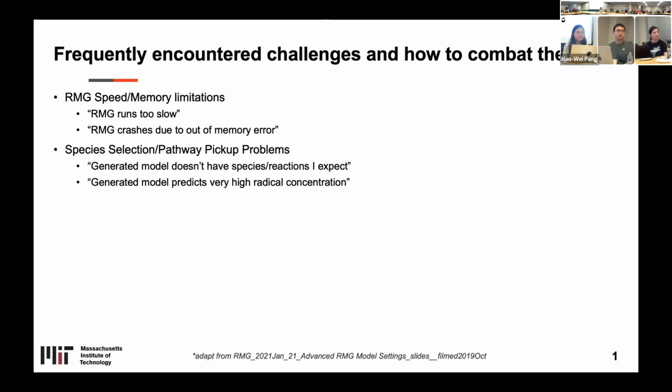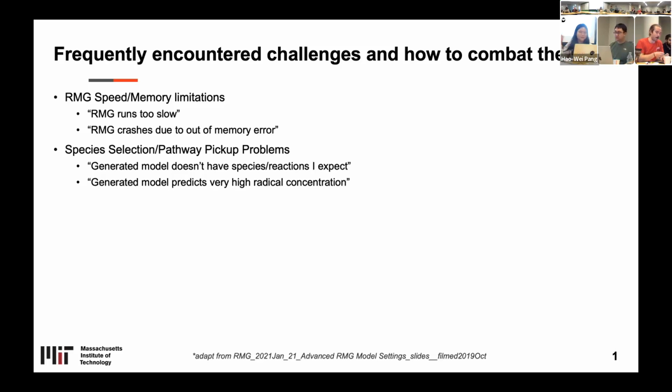These are the frequently encountered challenges when you use RNG, and I'm gonna talk about some settings you can use in RNG to deal with them. The first that people usually encounter is complaints that RNG runs too slow or crashes due to an out-of-memory error.